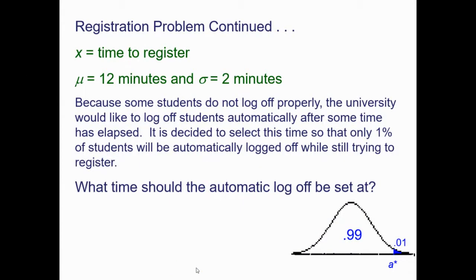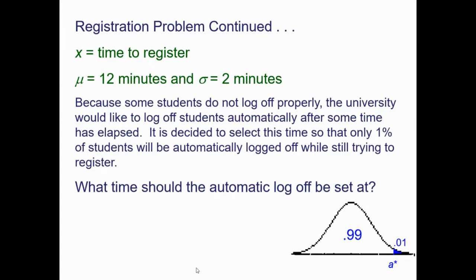Because some students don't log off properly, the university would like to log off students automatically after some time has elapsed. It's decided to select this time so that only 1% of the students will be automatically logged off while still trying to register. What time should the automatic log off be set at?